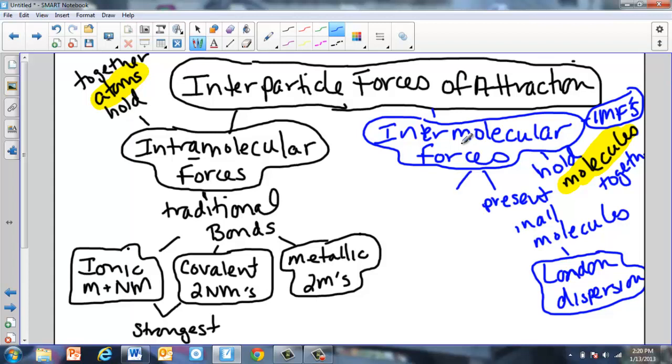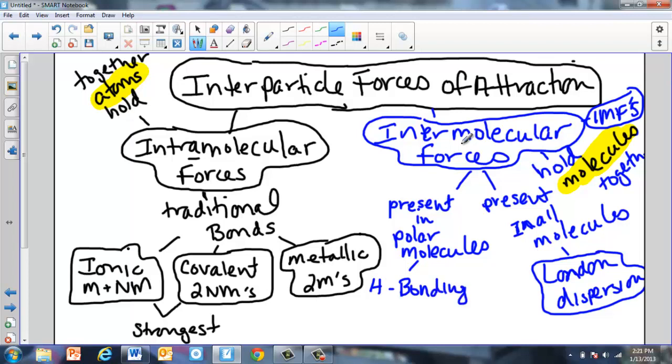Now the other two are going to only be present in polar molecules. And if we haven't had a chance to talk about this, we will. We'll identify polar molecules or non-polar molecules based on their Lewis dot structures and the distribution of electrons. And so the two that are present in polar molecules are going to be one of two types. One is what we refer to as hydrogen bonding.